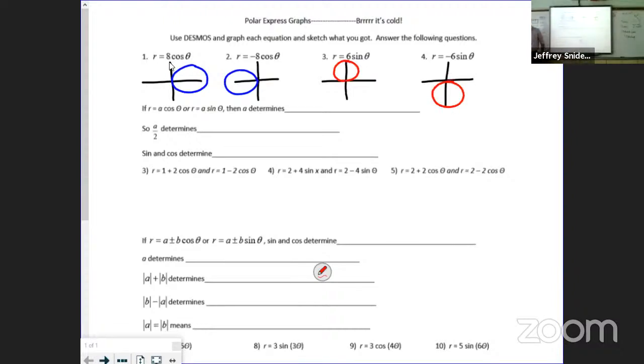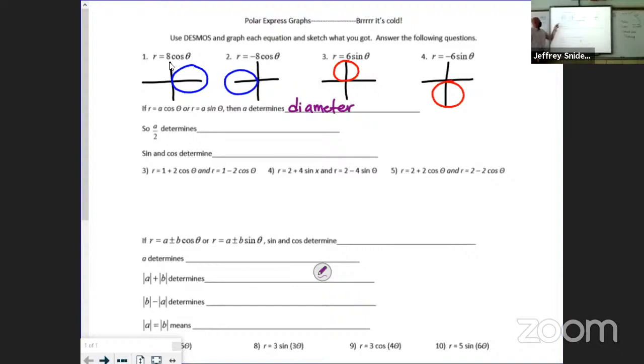All right? Now we want to talk about what these numbers are doing to these graphs. On either one of them, A is nothing more than the diameter of the circle.